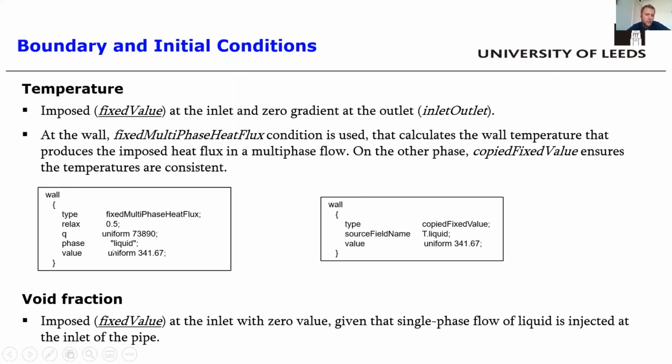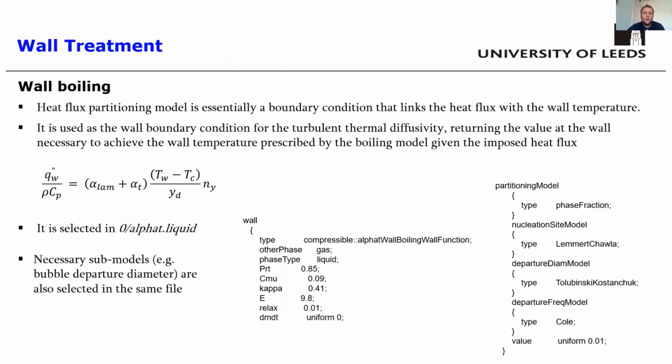In one phase, the liquid phase in this case, you see on the left. On the gas phase, we use the copied fixed value boundary condition, which essentially does the same thing, but also ensures that the temperatures are consistent. Void fraction now is imposed again as a fixed value, but equal to 0 at the inlet of the pipe.